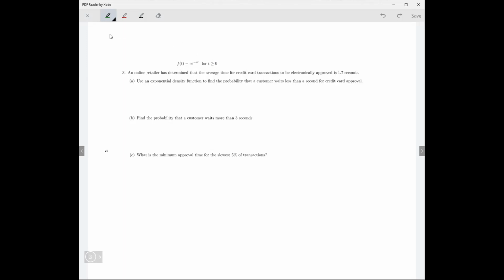I said on the first page that c is 1 over the mean. Okay, and the mean is average, so average is mean. But let me just kind of show you why that's the case.